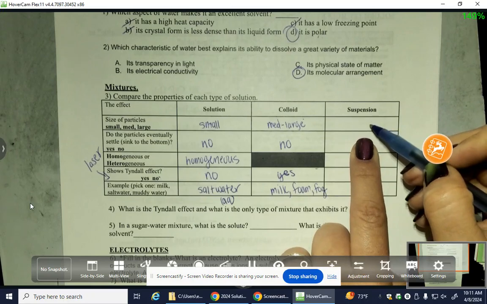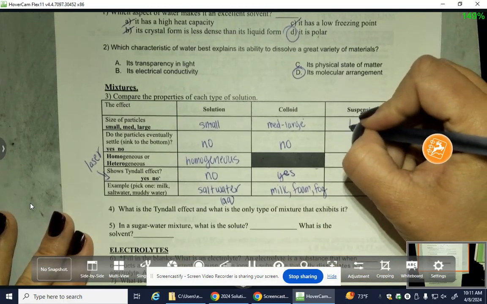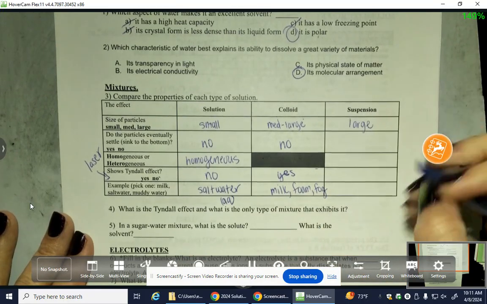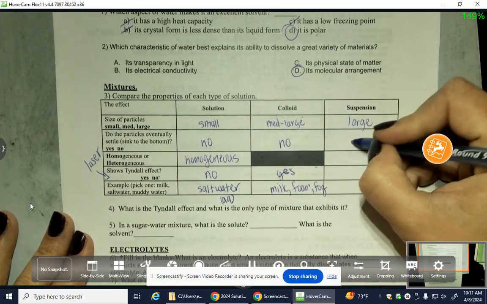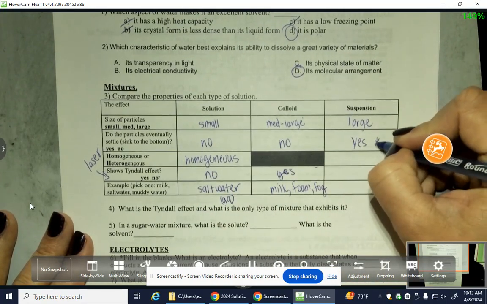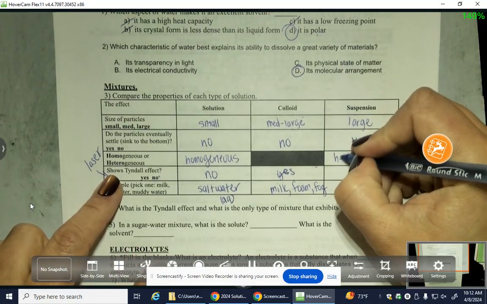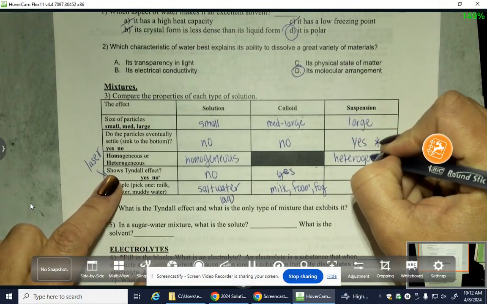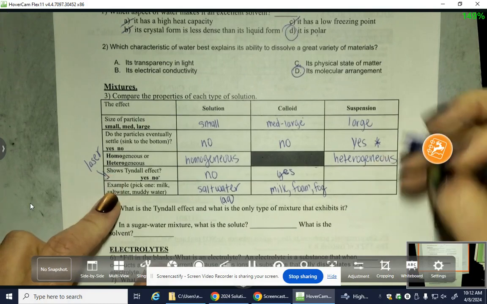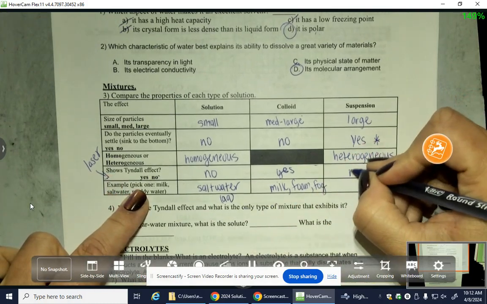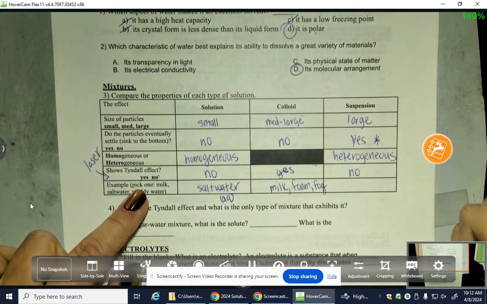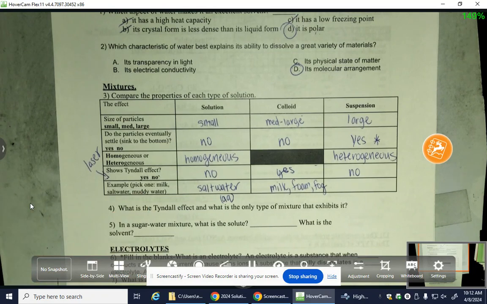All right, so for a suspension, those are going to be large particles. Do they eventually settle? Yes, and that's what makes these special, okay? This one is considered heterogeneous. And it does not show the Tyndall effect except when it's like you just stirred it, then it'll exhibit it, but it only exhibits it partially and for a short amount of time.